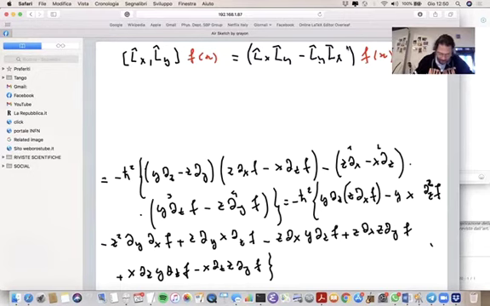Same happens here. dy can be moved here. So here dy can be moved here. The same happens here. y can be moved across.